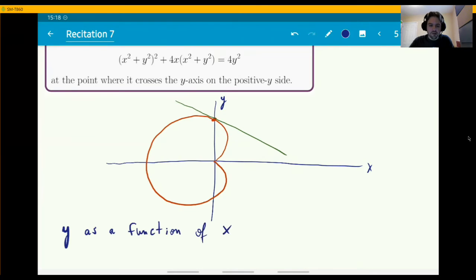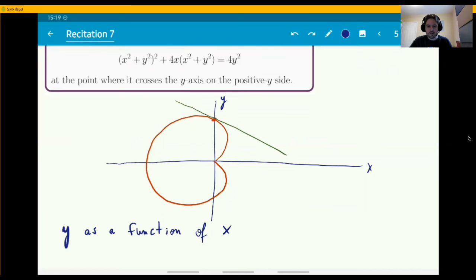That is usually the case, usually what you want to consider. And you can see that it's true in the curve, not everywhere on the curve. The curve fails the vertical line test, but if you are close enough to the point where you are interested, then this is a graph of a function. For example, if you take only the upper half, this is the graph of a function, and it's y as a function of x.